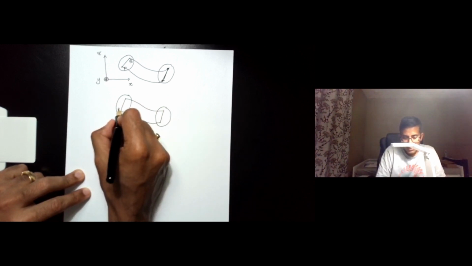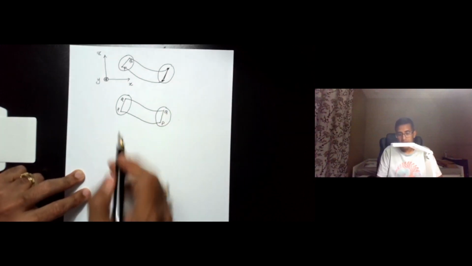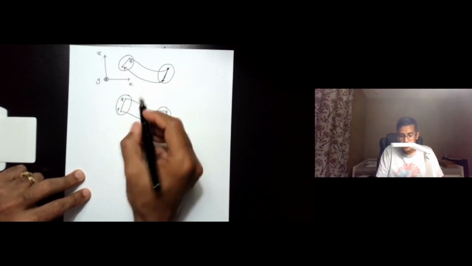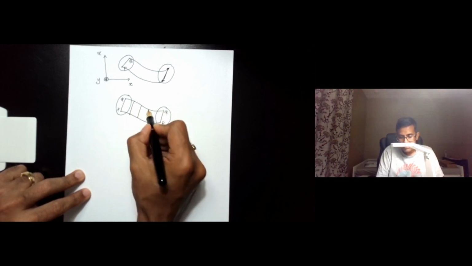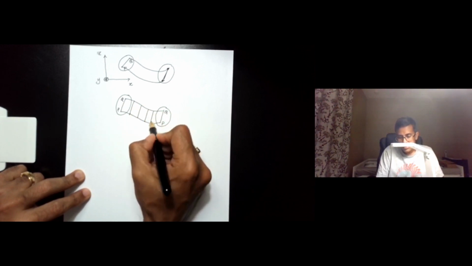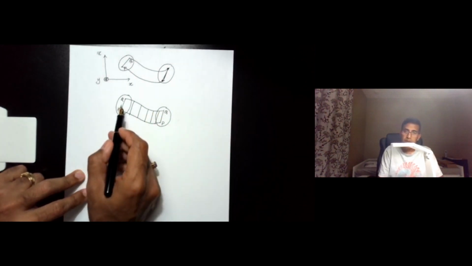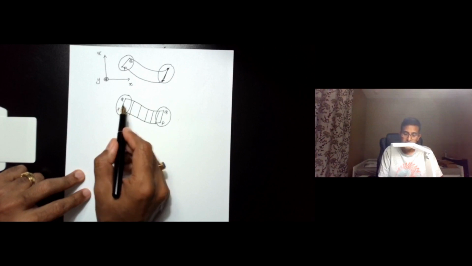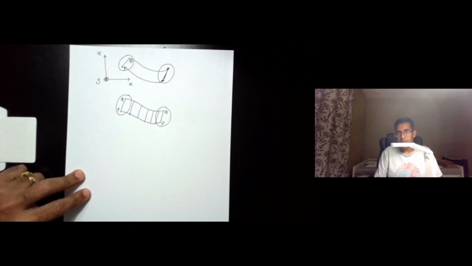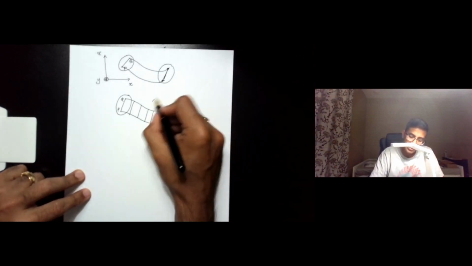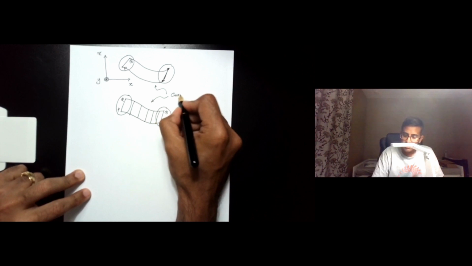This is P, this is Q, and this is P, and this is Q. So this line from P to Q remains parallel at all times as the rigid body goes from its location at one instant to a location at a different instant. This kind of motion is called a curvilinear motion.